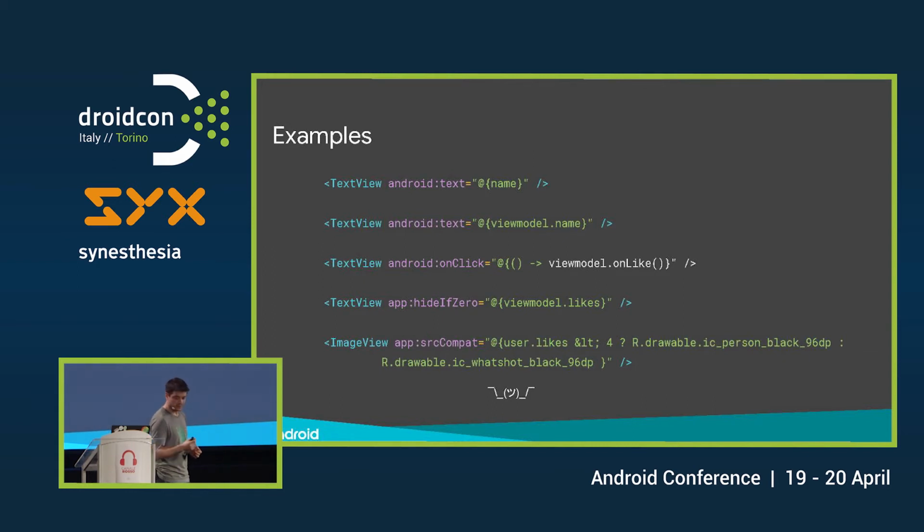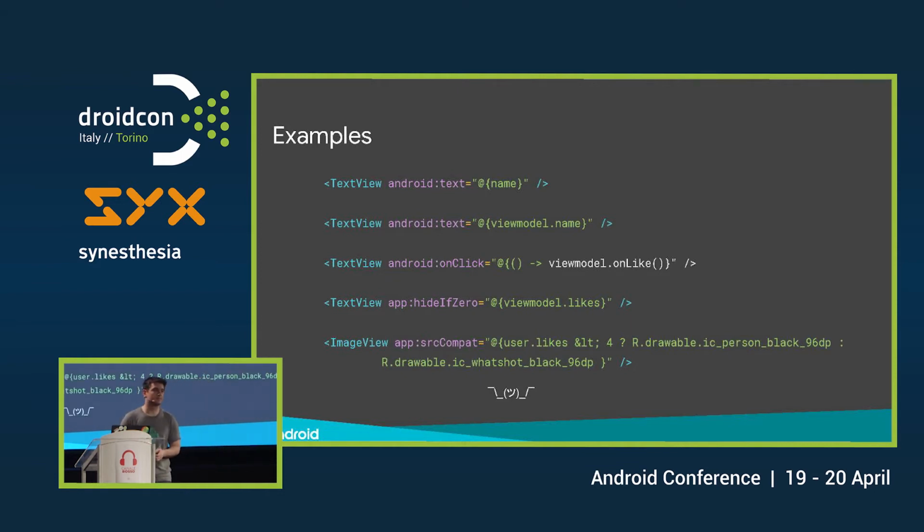Now, the fourth one is interesting because height if 0 is not an attribute of text view. It doesn't exist. This is probably my favorite feature of data binding. You can create your custom attributes. So in this case, if viewModel.likes is 0, the view is going to be hidden, made invisible, or gone, or whatever.